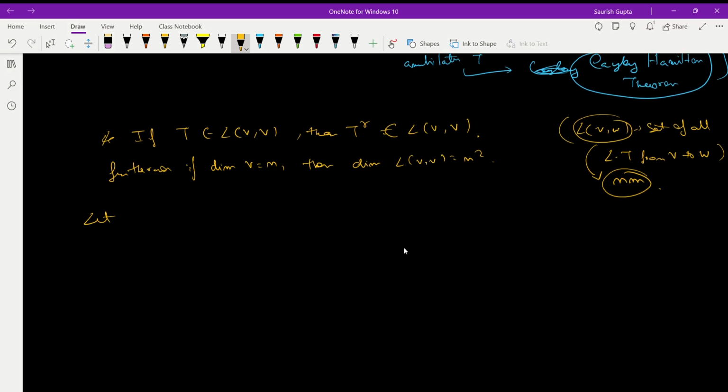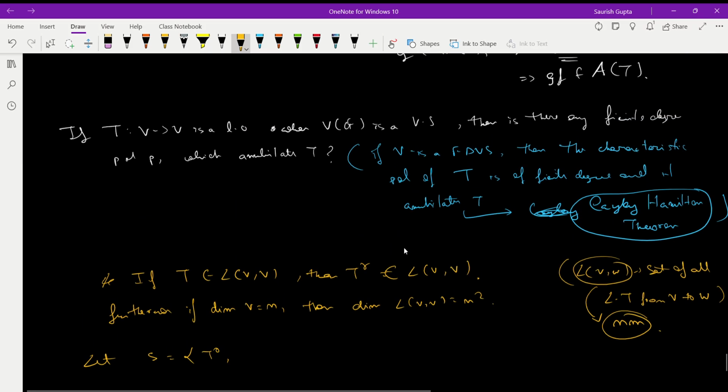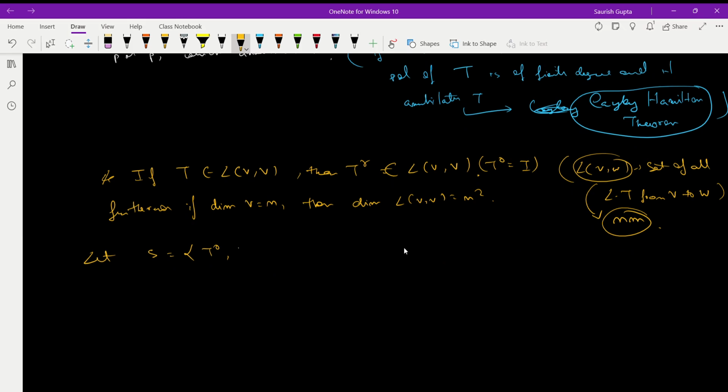Furthermore, if the dimension of V equals n, then the dimension of L(V,V) is n squared. What we do is that we consider the polynomials of this form. Let S be this set.